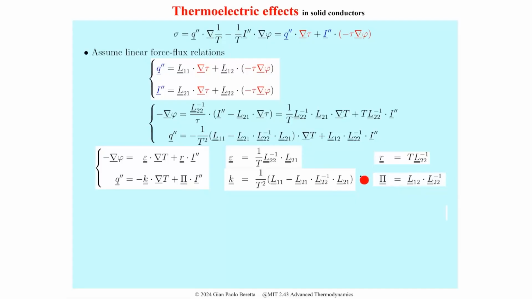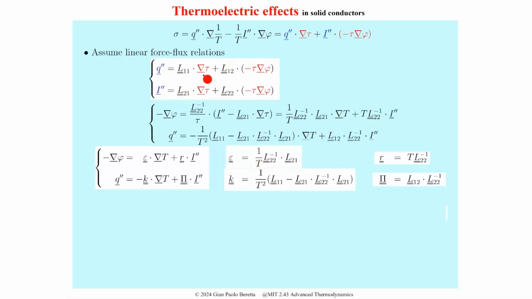Next, we are not done yet because these four numbers, these four properties, these are equilibrium properties. Remember that this is a linearization around equilibrium, so these are measured at equilibrium. And they are not all independent because there is the Onsager principle of reciprocity.